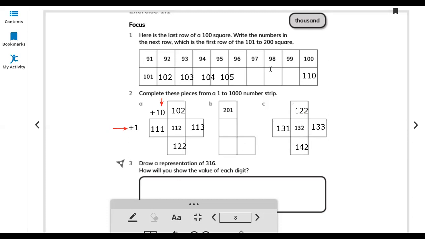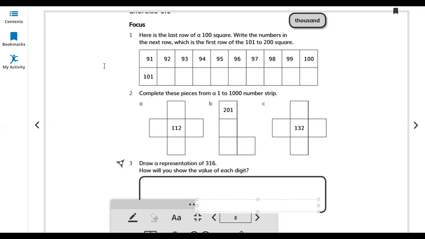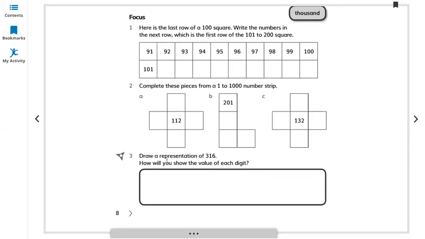Question number 3. Draw a representation of 316. How will you show the value of each digit? When we want to draw a representation, we need to make a box of 100.